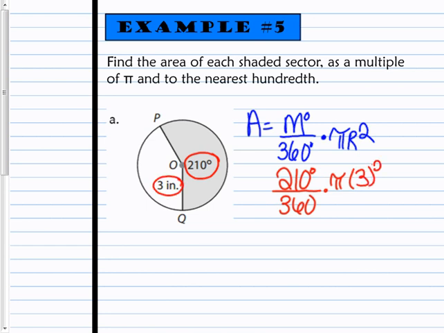So 3 squared. I can see that this reduces by 10, so 21 over 36. I also see that 3 can go into 21 7 times, and 3 can go into 36 12 times. So this reduces down to 7/12 times, and then 3 squared is 9, 9 pi.